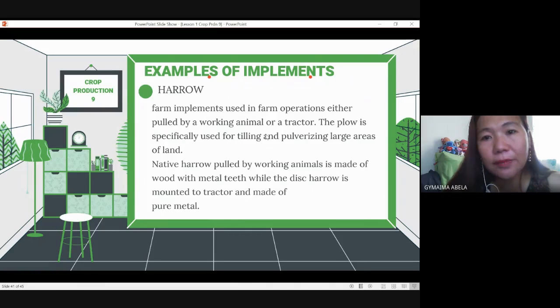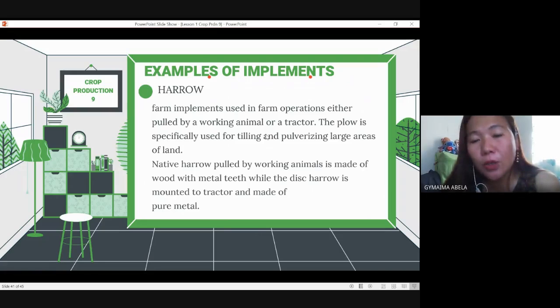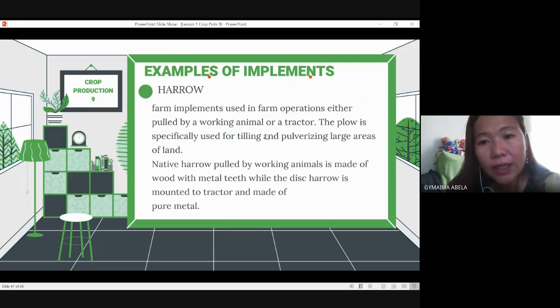So another example of an implement is the harrow. So what is the harrow? The harrow is the same as the plow. It is pulled by a working animal or a tractor. Specifically, it is designed to till and pulverize large areas of land. So if the plow is for cultivating, the harrow is for tilling and pulverizing the land.